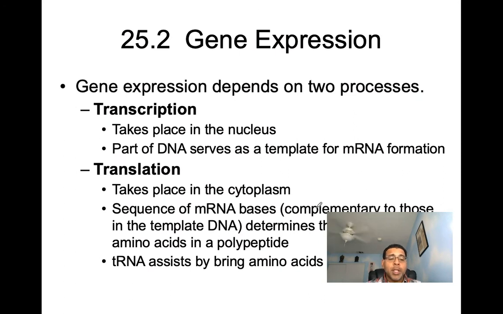Gene expression depends on two processes. The two processes are termed transcription and translation. Now, when we talk transcription, I would like you to know it takes place in the nucleus. During transcription, a segment of the DNA called a gene serves as a template for the production of an RNA molecule.